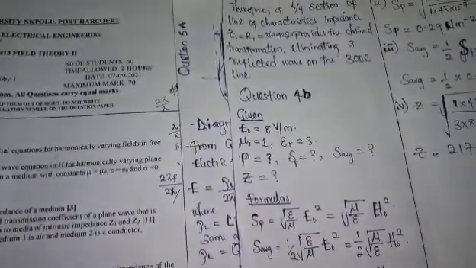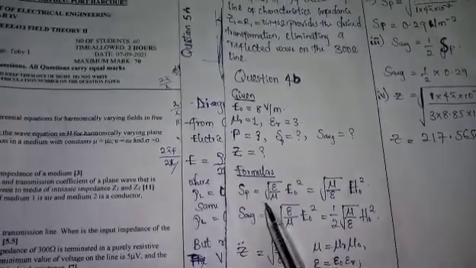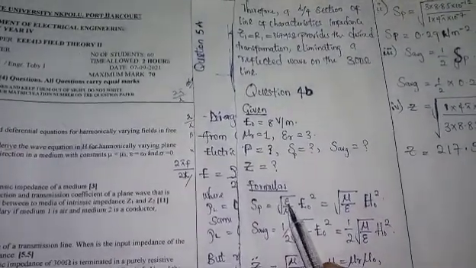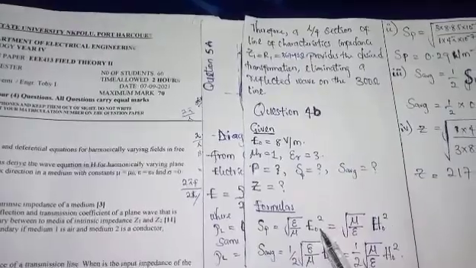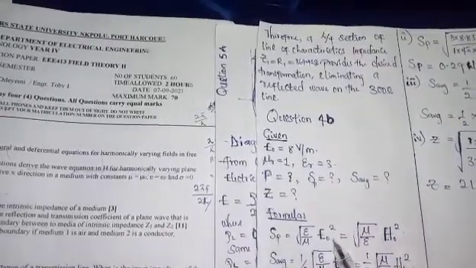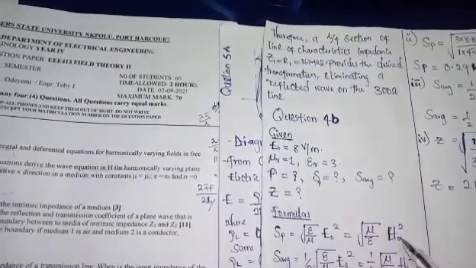Now the formulas to use: the peak pointing vector is equal to the square root of electric permittivity divided by the magnetic permeability, times the square of the electric field. It's the same thing if you're having a magnetic field.